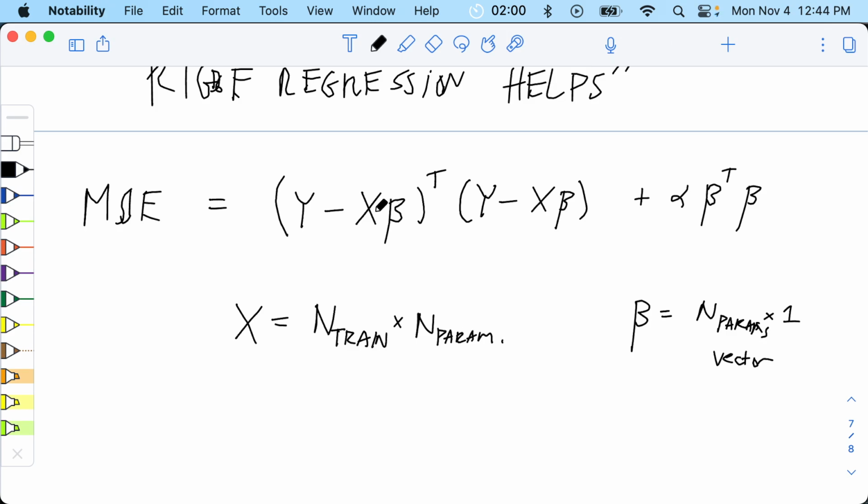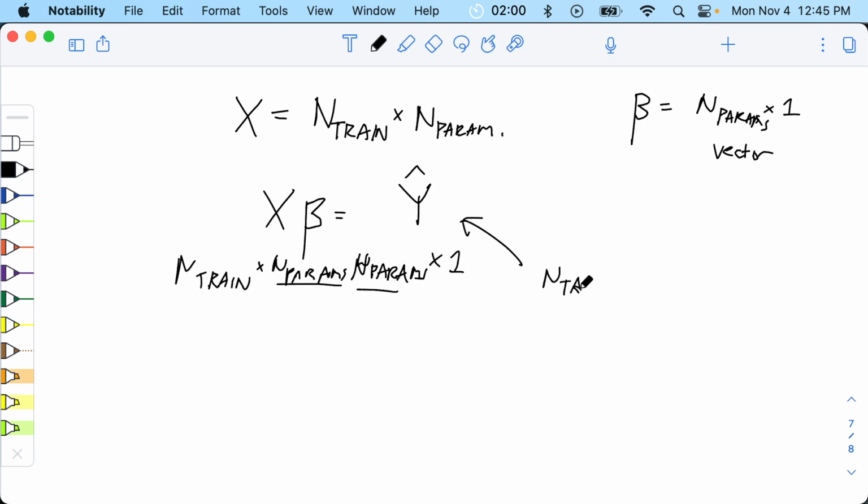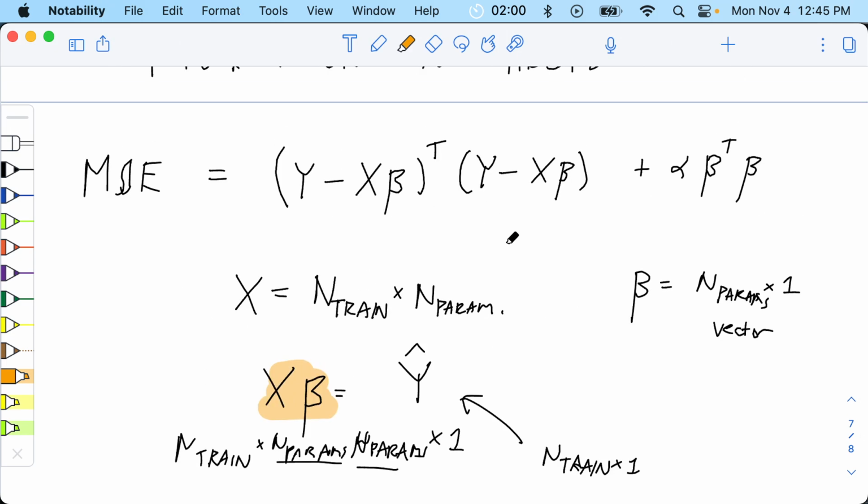When you do x times beta, that's a matrix multiplication: n train by number of parameters, times number of parameters by 1. You end up with something we're going to call y hat, and that is number of training points by 1. It is a vector. That's exactly your prediction. This matrix multiplication is doing the linear combination of the coefficients with the features. So that's what x beta is.